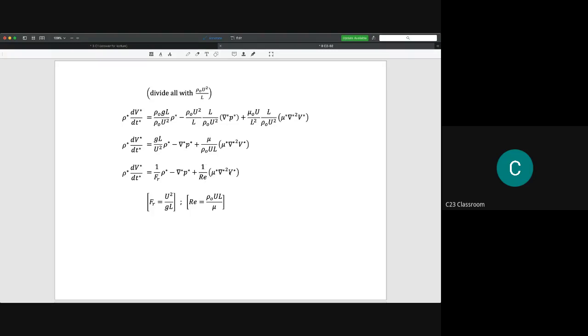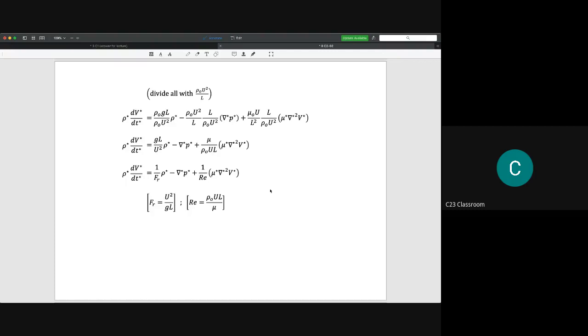From this evaluation, we found that for the Navier-Stokes equation, when we have fluid flow at any condition, there are two dimensionless numbers that can be used to solve this situation: one is the Froude number and one is the Reynolds number.